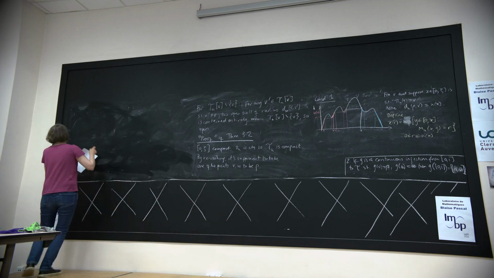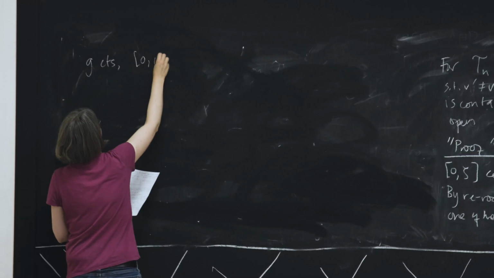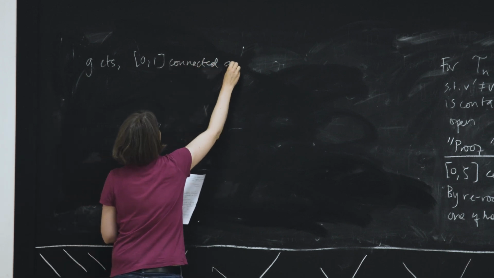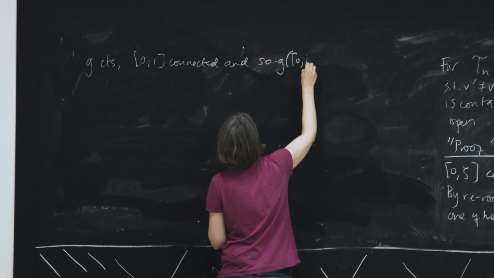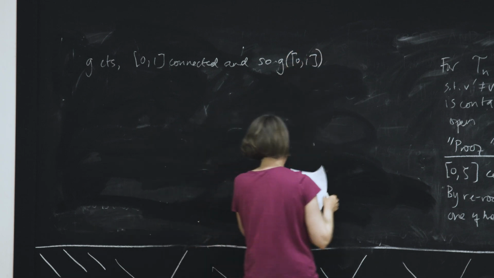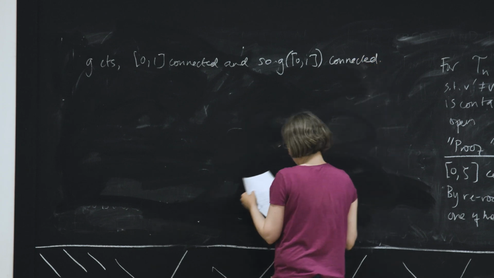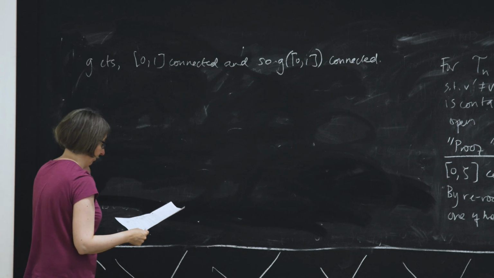So G is continuous. My interval 0, 1 is connected. And so it must be the case that the image of the interval 0, 1 under G is also connected. So this is what I'm going to contradict in a moment.